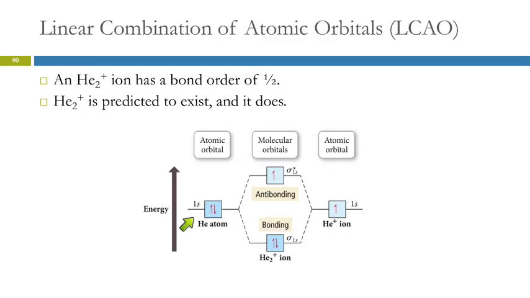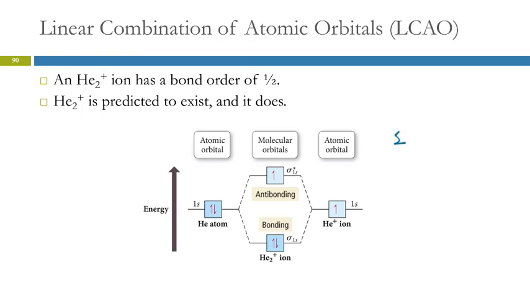So we've got this same overall diagram, but here now we have a helium atom here and a helium+ ion there, meaning it only has 1 electron. So the overall diagram is the same, but now we have 3 electrons to put in. So 2 go into the bonding orbital, 1 goes into the anti-bonding orbital. So when we calculate the bond order for this, we end up with 1/2.